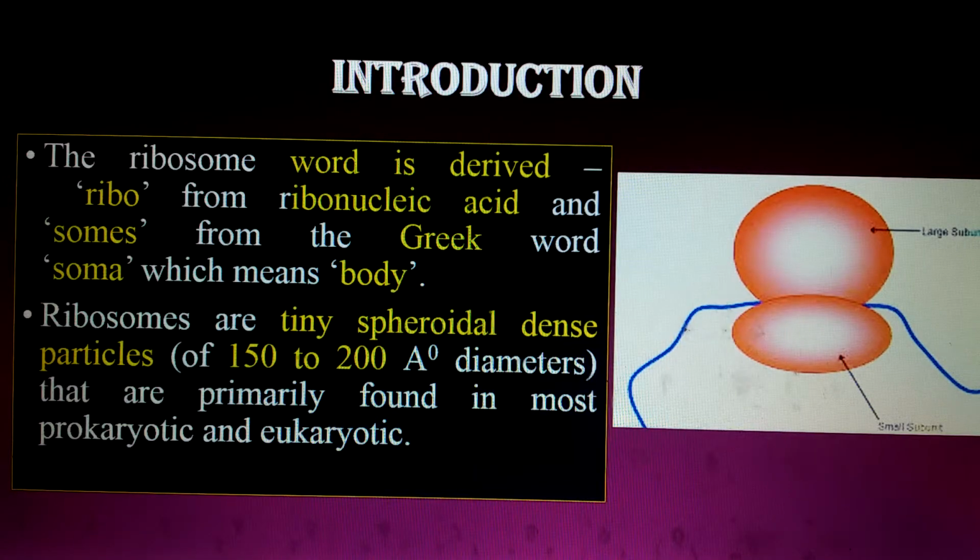What are basically the ribosomes? Ribosomes are small granules present in the cell. The word ribosome is actually derived from two words: ribo, meaning ribonucleic acid, because ribosomes are made up of ribosomal RNA in the nucleolus of the cell.